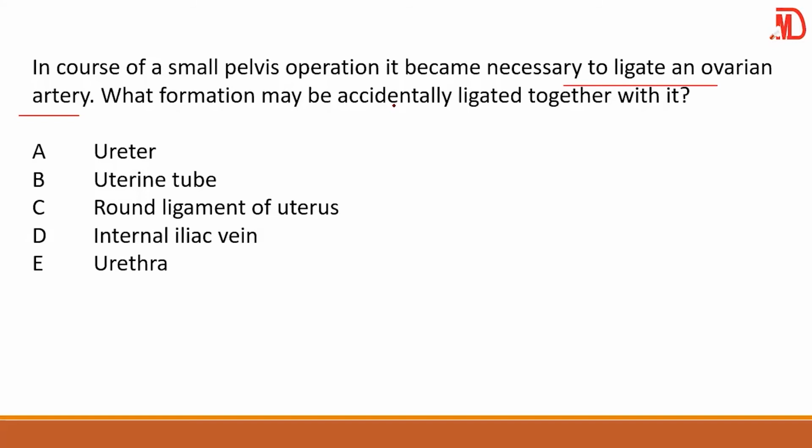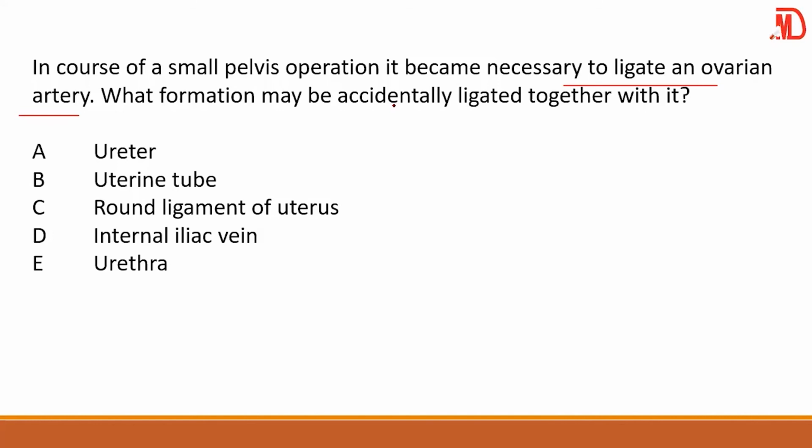So you must know that when we talk about the pelvis, it is a part of the kidney. That is where urine is collected and drained, isn't it? Then it drains via the ureter into the bladder. So from the pelvis, we have the ureter, then the bladder.